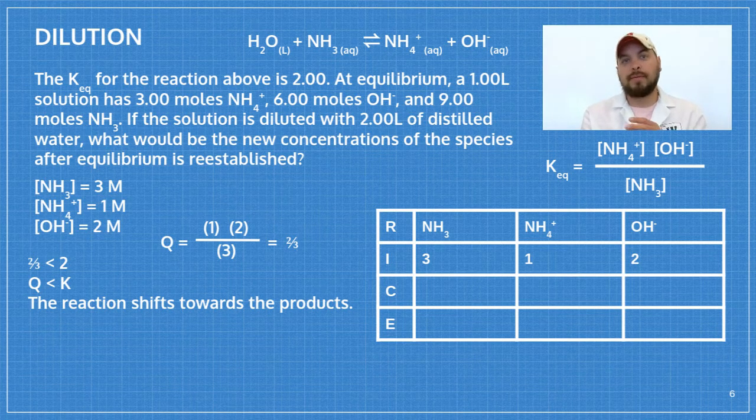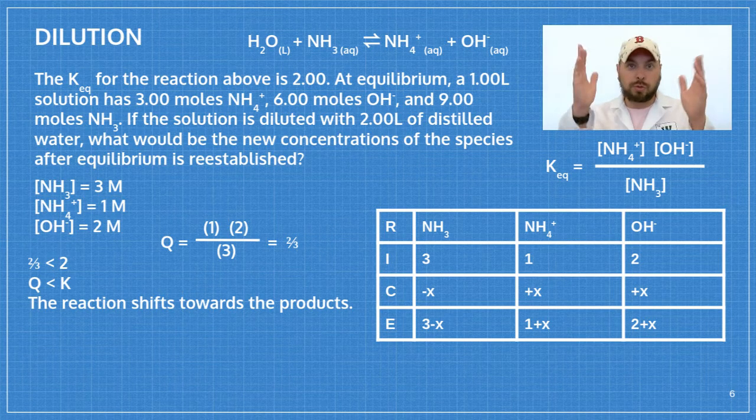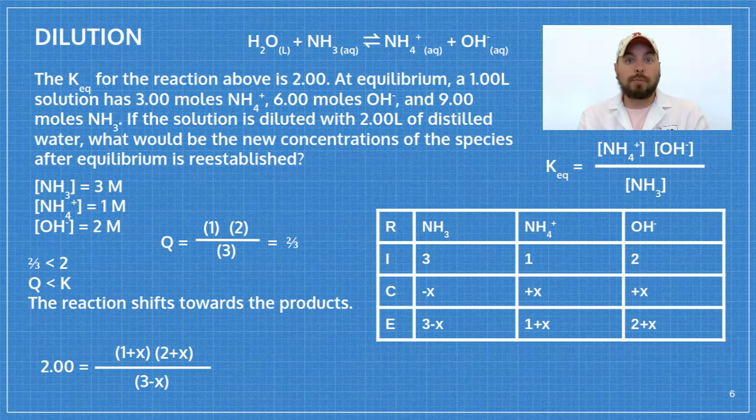This means that the concentration of ammonia is going to equal 3 minus X, the concentration of ammonium is going to be 1 plus X, and the concentration of hydroxide is going to equal 2 plus X. Because we're going back to our original equilibrium constant, 2, we're going to plug these into our equilibrium expression. 2 equals the concentration of NH4+ times the concentration of OH- divided by the concentration of NH3.